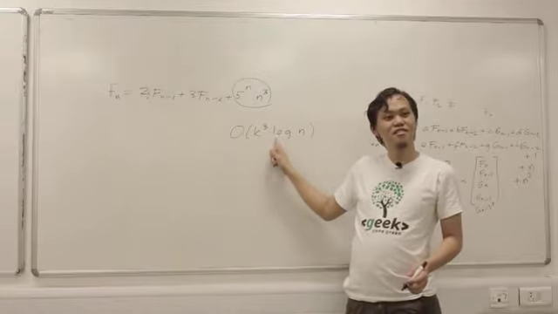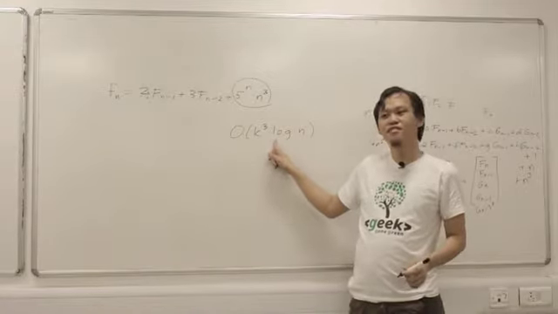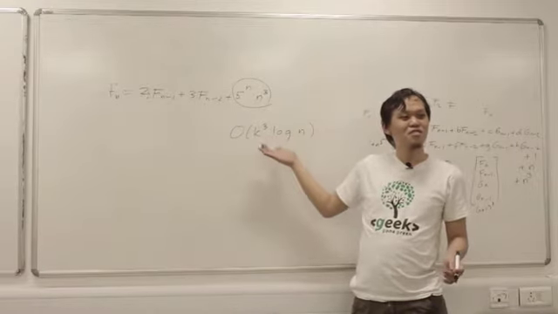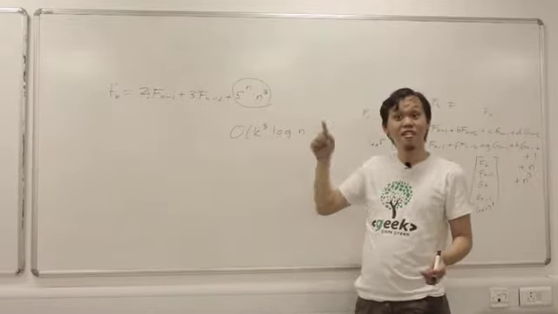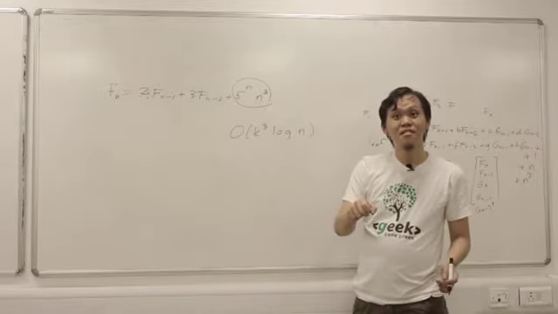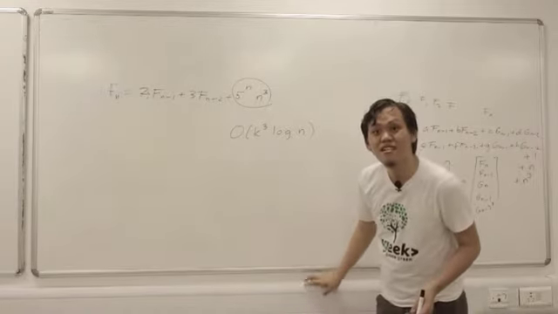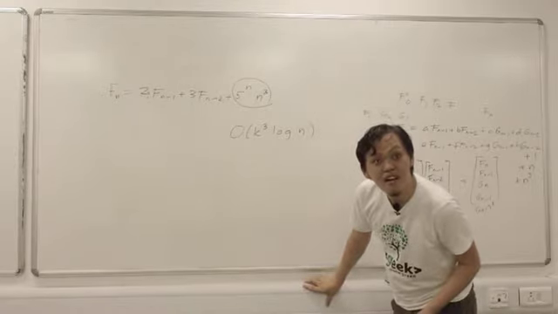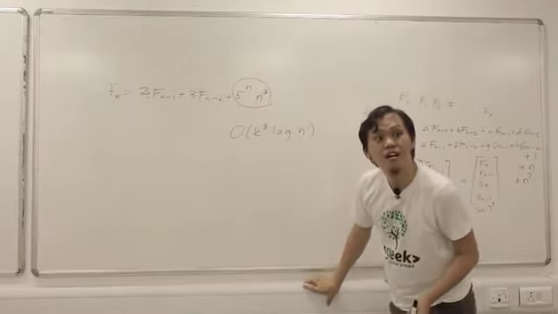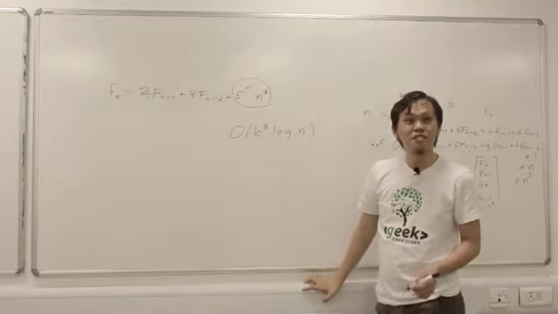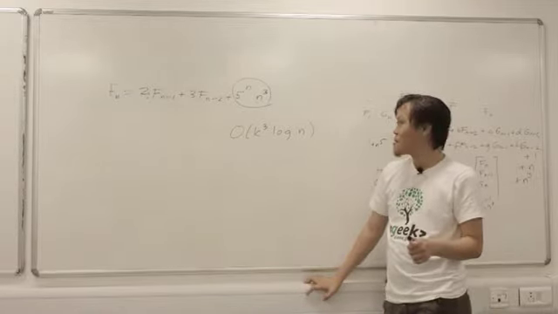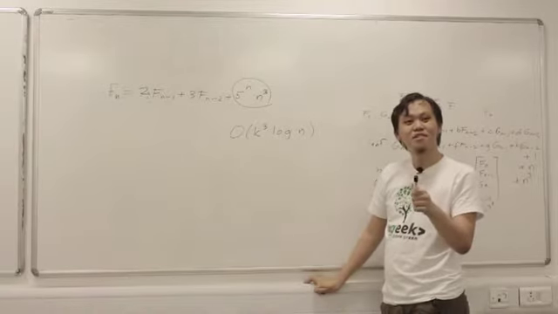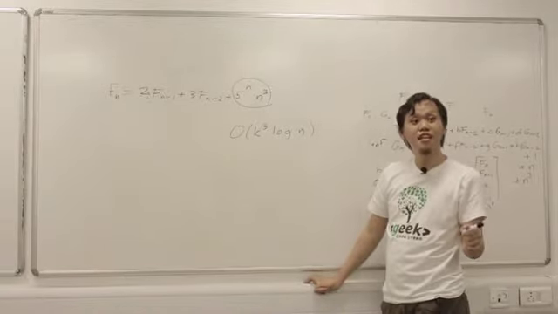Do you know how to do it? Any ideas how to do this faster than k cubed log n? You can use the Cayley Hamilton theorem. Okay, that's good, but I won't tackle that because I want to go to a different technique.